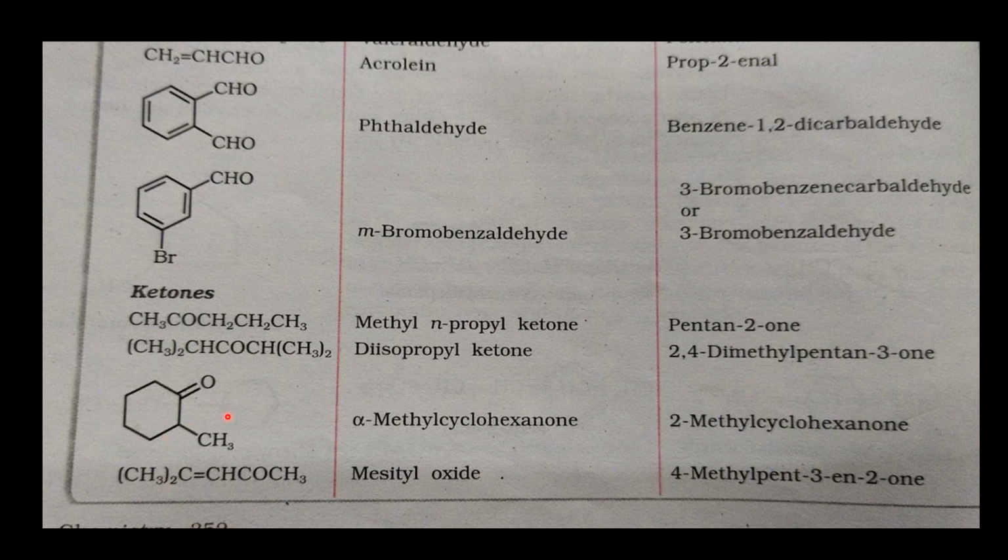Next is a benzene ring with a C=O and CH3. Alpha-methylcyclohexanone, which is 2-methylcyclohexanone. (CH3)2C=CHCOCH3, which is mesityl oxide, which is 4-methylpent-3-en-2-one.